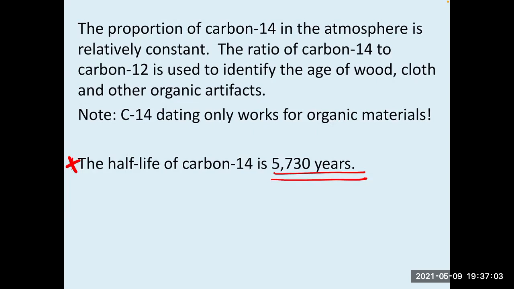So let's say something is 6,000 years old or 5,800 years old, right? So the carbon-14 in that substance would have decayed by half. And so they can look at the ratio that is left of carbon-14 and compare it to the ratio of carbon-12 in that substance, and say, oh, it's about half of what it should be. So this is X number of years old.